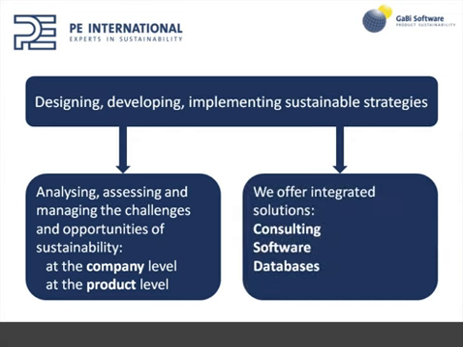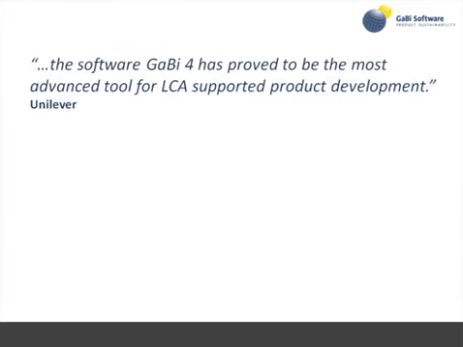We offer integrated solutions including consulting, software, and databases. GaBi is the leading software solution for product sustainability. This software tool, together with our high-quality databases, is designed to support a number of activities relating to product and process sustainability.